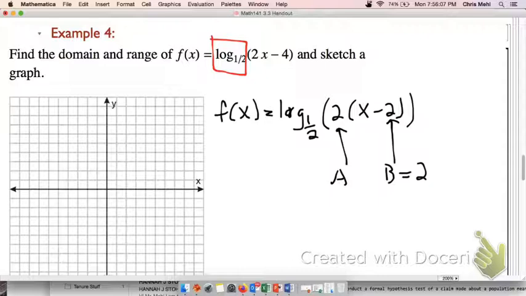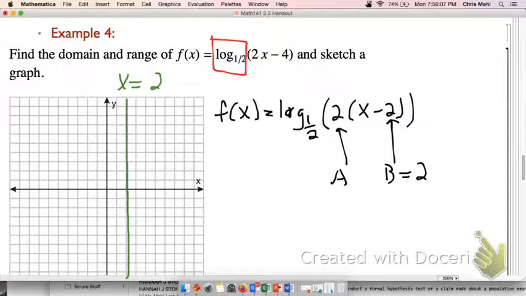So since b is positive 2, and for an untransformed logarithm the y-axis is the vertical asymptote, with a shift to the right 2 units, this time your vertical asymptote is going to be the line x equals 2.